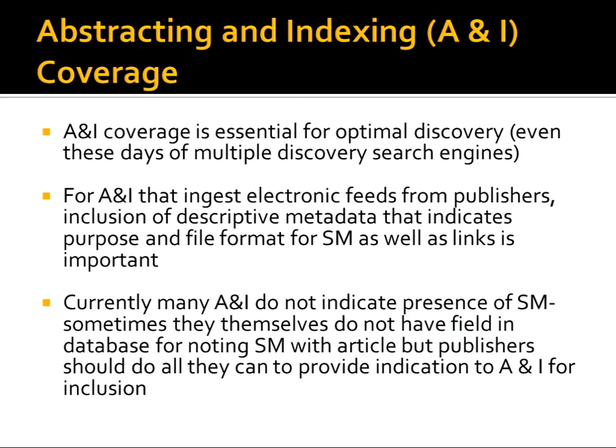For A&I that ingest electronic feeds from publishers, the inclusion of descriptive metadata that really indicates purpose and file format for the S&M, as well as links, is very important, and the relationship between particular supplemental materials to the article or within the article. Those are also important relationships to continue to capture. Currently, many A&I do not actually indicate the presence of the SM because they lack that field in the database at the time when we were looking at it. So that's something to start to work through with the larger community.